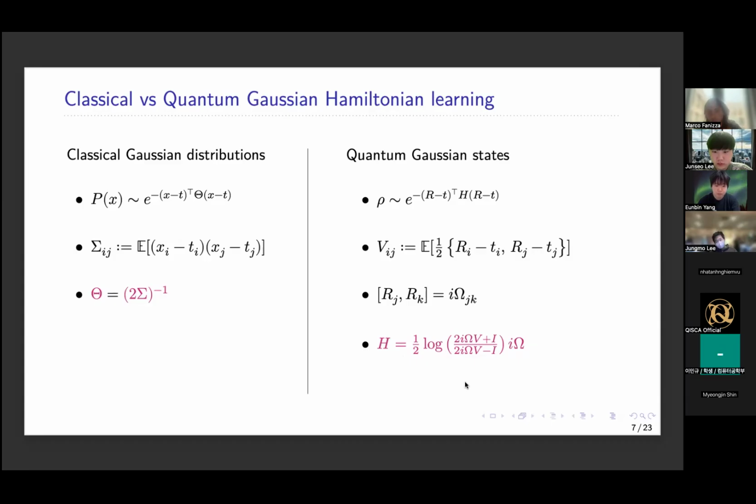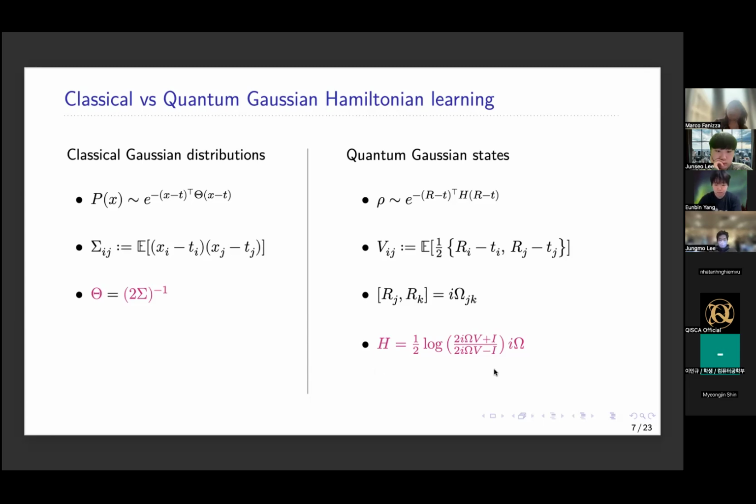So this suggests that if we can estimate the covariance matrix, we can also get an estimate of the Hamiltonian using this formula. Of course, there is a naive way, which is doing a plug-in estimate: just plug an estimate of the covariance matrix in this formula and then get an estimate of H. But this may not be the smartest choice, and that's what our paper is about.